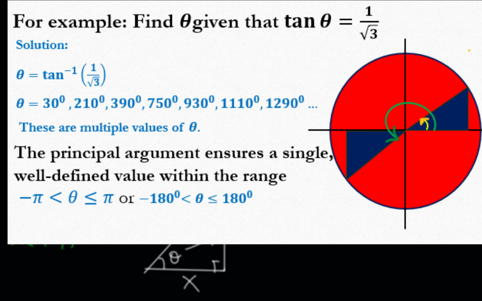So we are going to say theta is the principal argument of our complex number z if, measured in radians, theta must lie between negative pi and positive pi. But this theta must be above negative pi and less than or equal to pi when measured in radians.